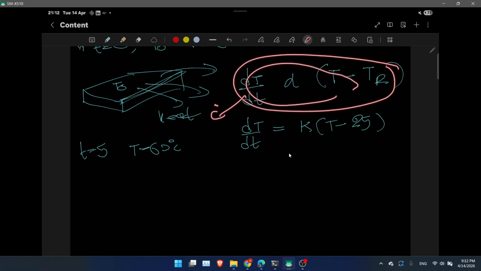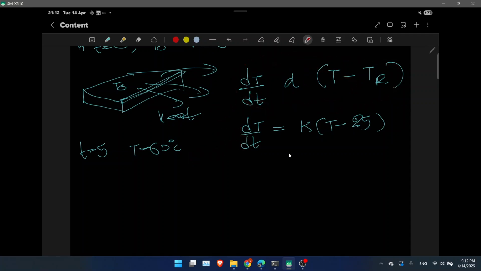We call it Newton's cooling law. The rate of change in the temperature is proportional to the difference between its temperature and the surrounding temperature. So there are many conditions to apply this, but here the question gave it. So yeah, we have it.